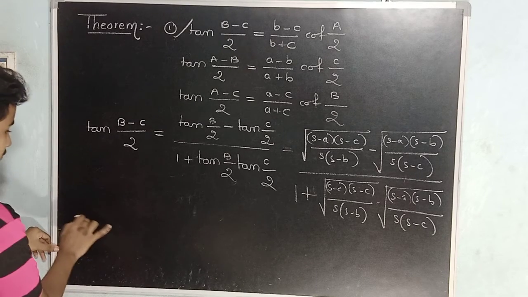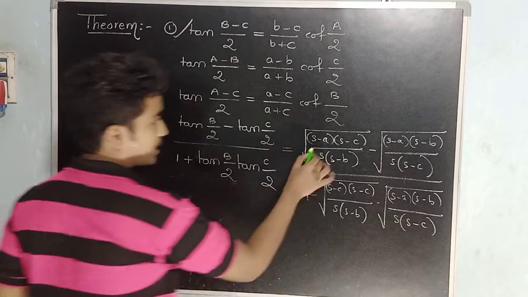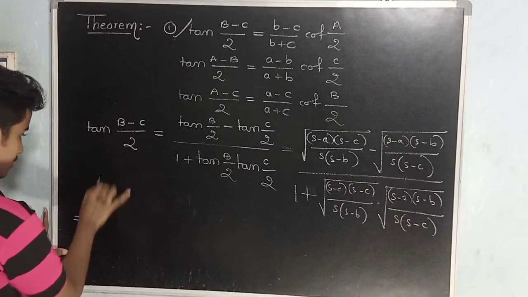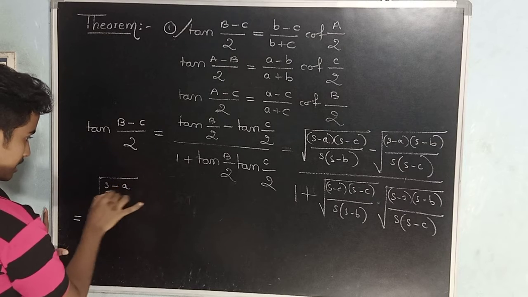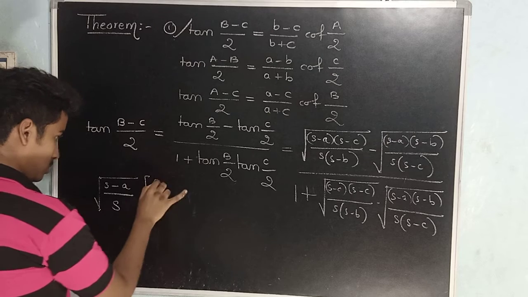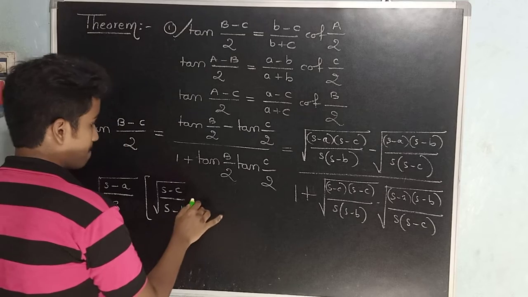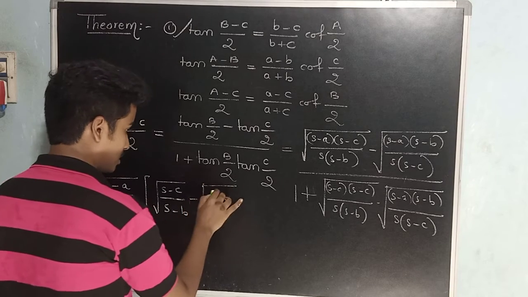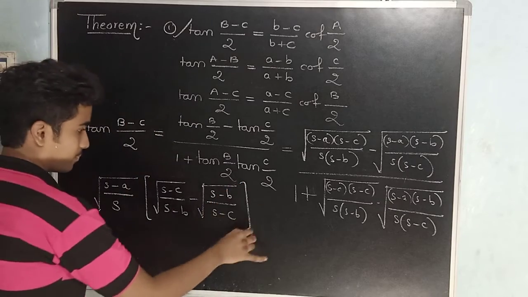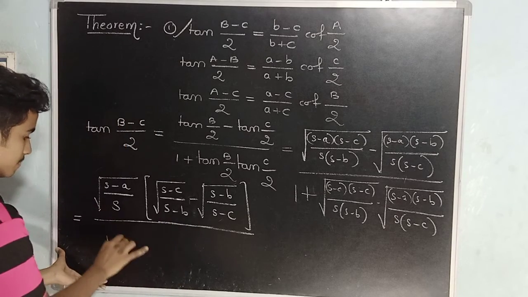So what I am going to do? Here, s minus a by s, s minus a by s. Let me take it common. Root of (s minus a) by s into root of (s minus c) by (s minus b), minus root of (s minus b) by (s minus c), by 1 plus.